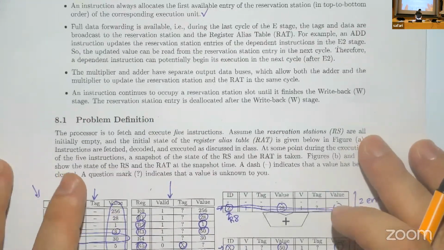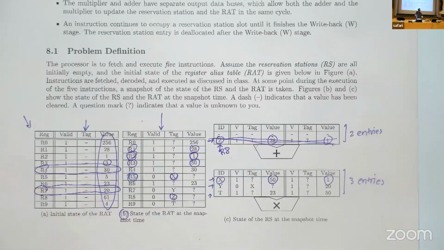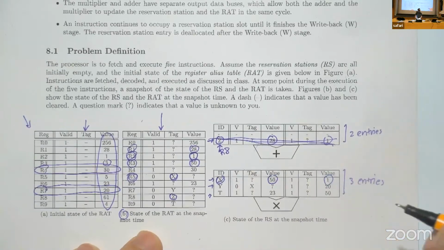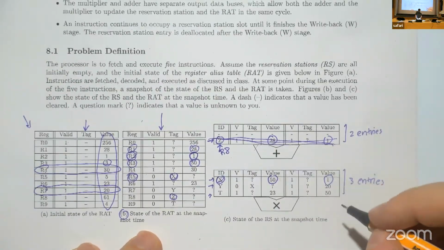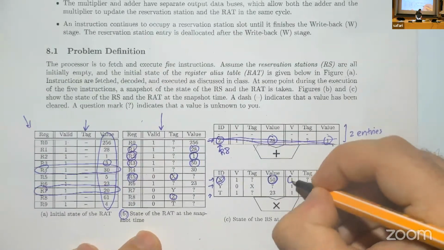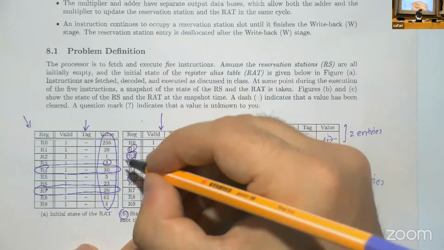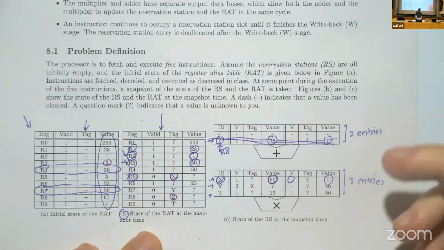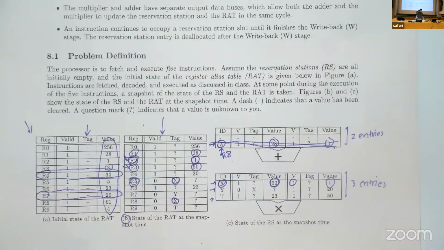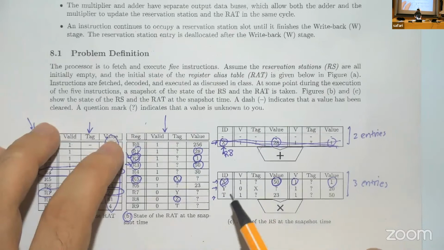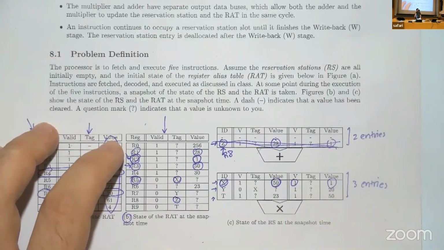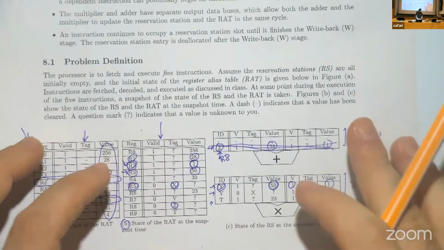So given that we found this instruction, we also know that X is the result of the multiplication of R3, which is 50, and of a valid register with the value 1, which is R2, right? So the next instruction, the first instruction which was executed, is R5 as the multiplication result of R3 and R2.